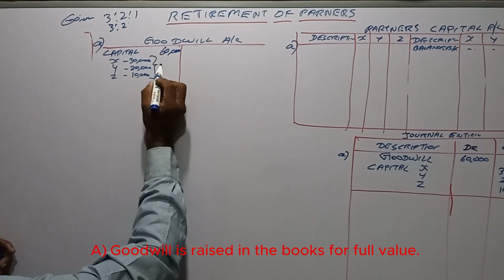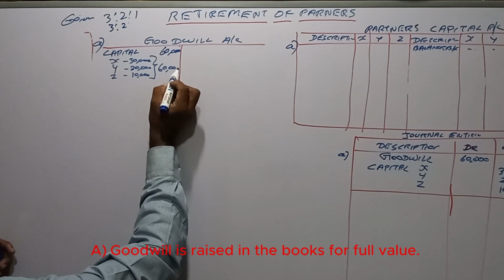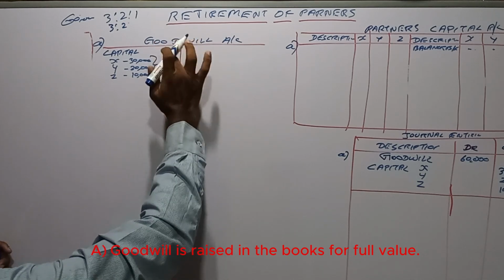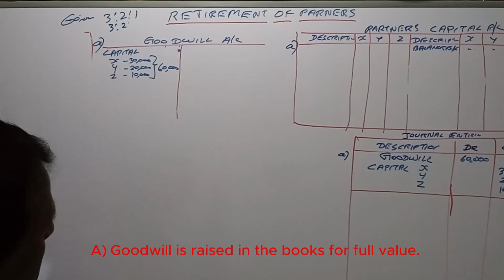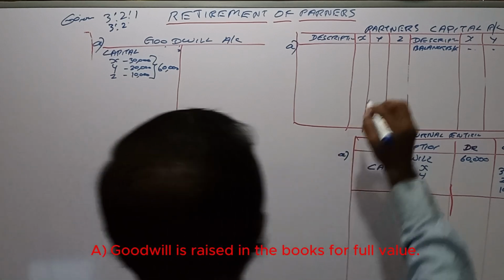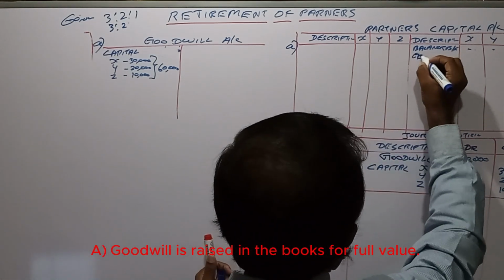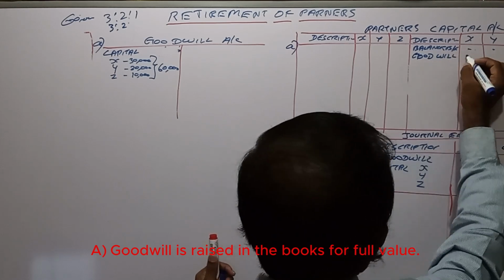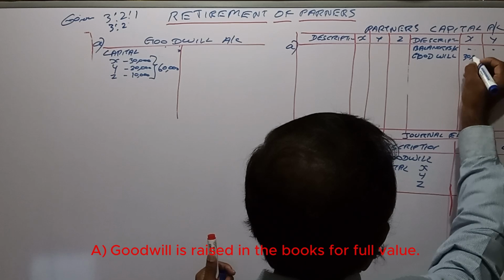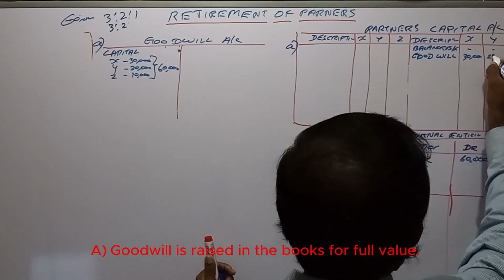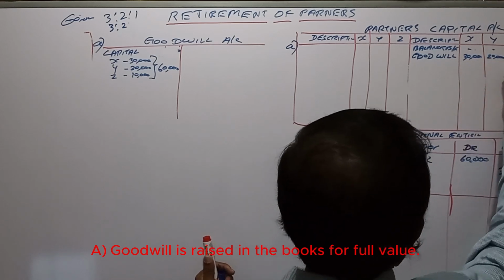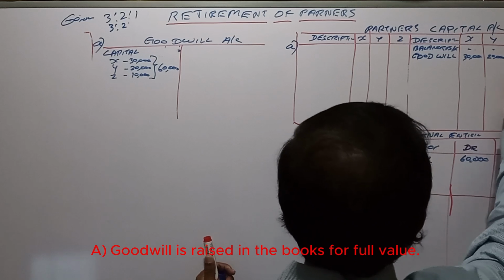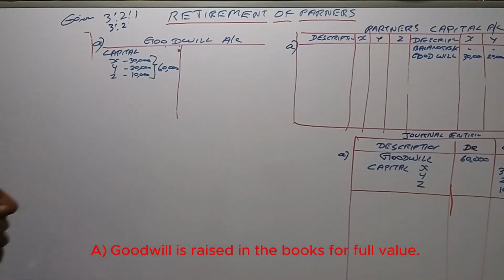These three is 60,000, right? Here in capital account we say goodwill account, right? 30,000, 20,000, and 10,000. Finished.